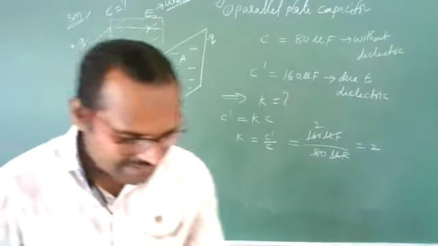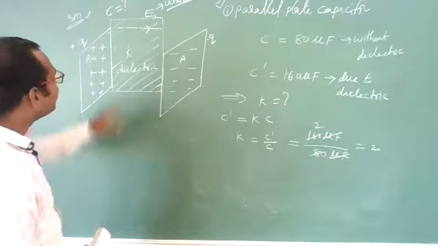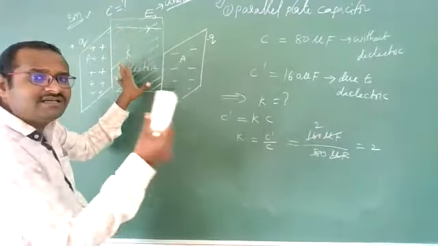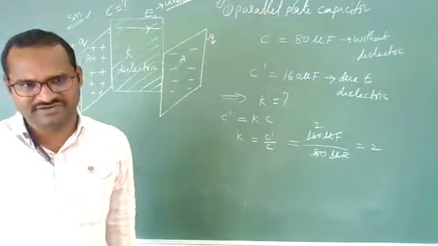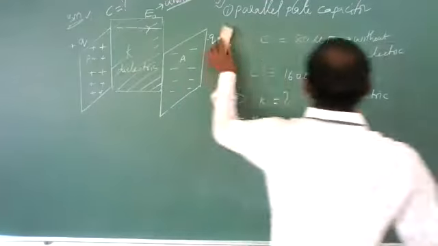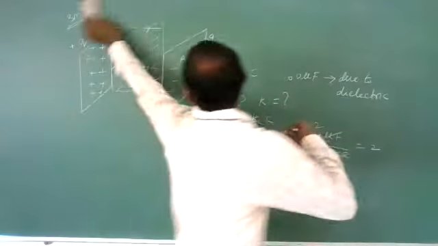Let us suppose this dielectric does not completely fill the space between the parallel plate capacitor, and it is only partially filled. Then what happened? Let us see. It is very important for 5 marks.